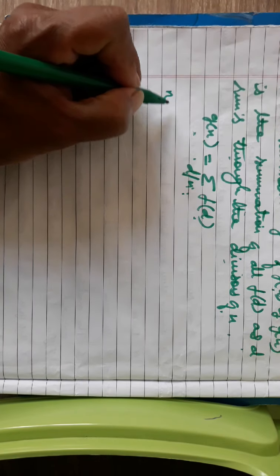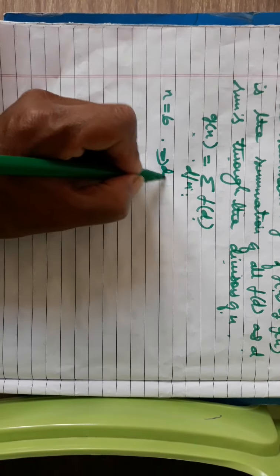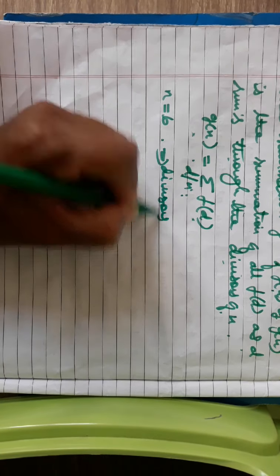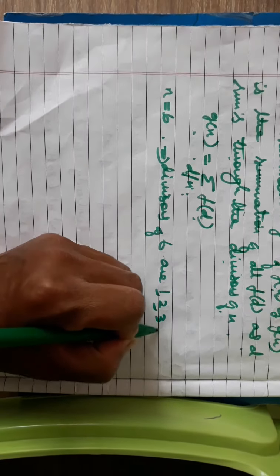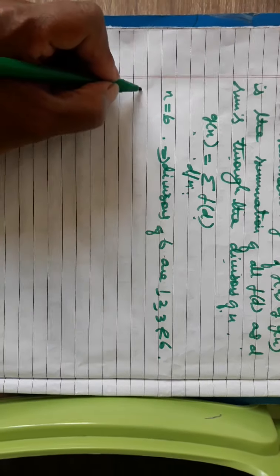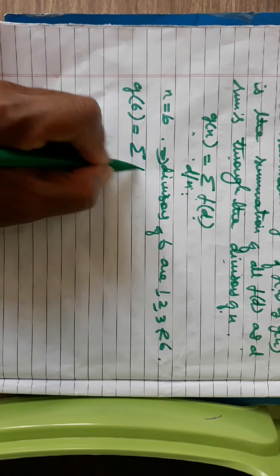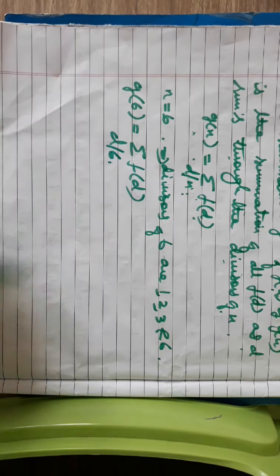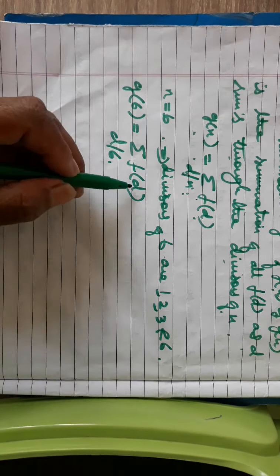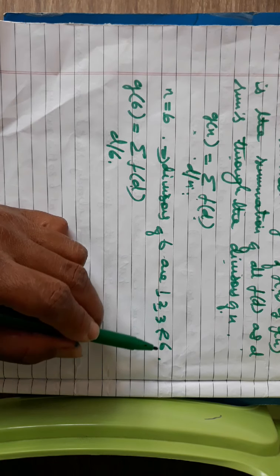For example, if n is equal to 6, the divisors of 6 are 1, 2, 3 and 6. So what will be g(6)? According to the definition, it is the summation of f(d), where d runs over the divisors of 6, that is, d is 1, 2, 3 and 6.